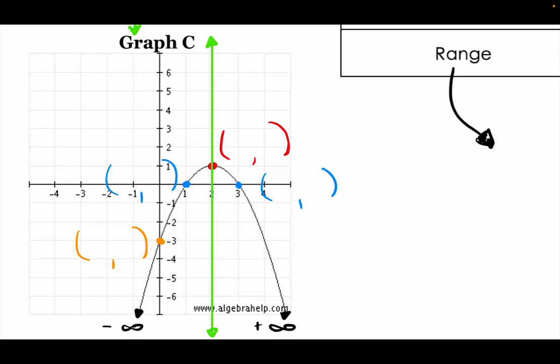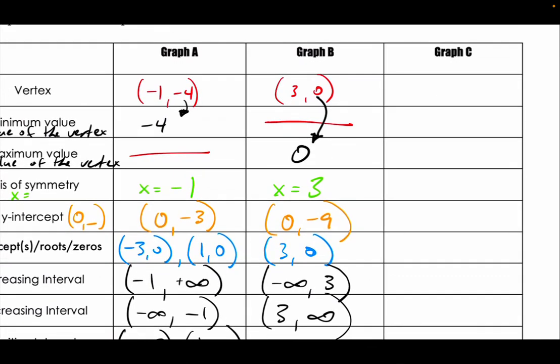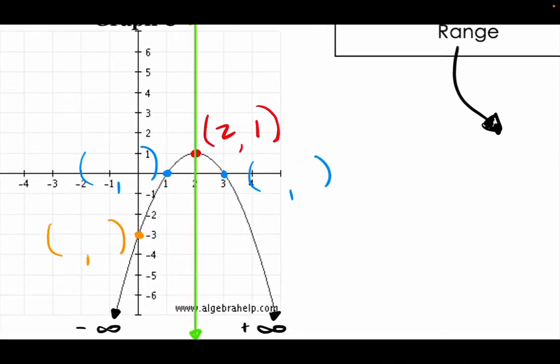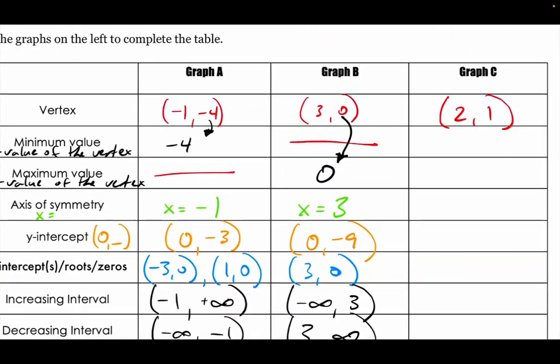The red dot is at 2, 1. So I'm going to go put that over here. 2, 1. Okay. Next thing was, is that a maximum or a minimum? Well, if it's the top, it's a maximum, right? It's a maximum. So that means it's not going to have a minimum. And what is the maximum going to be? It's the Y value, which is positive 1.